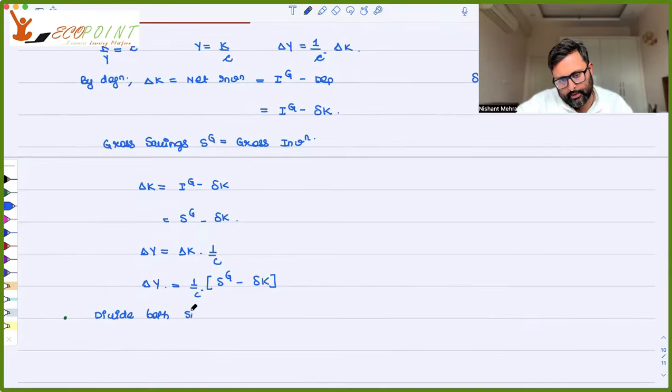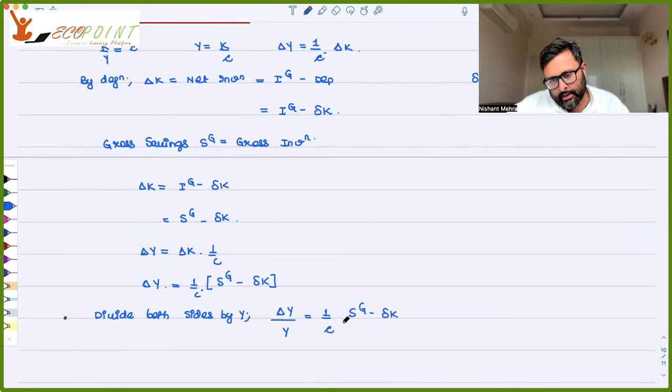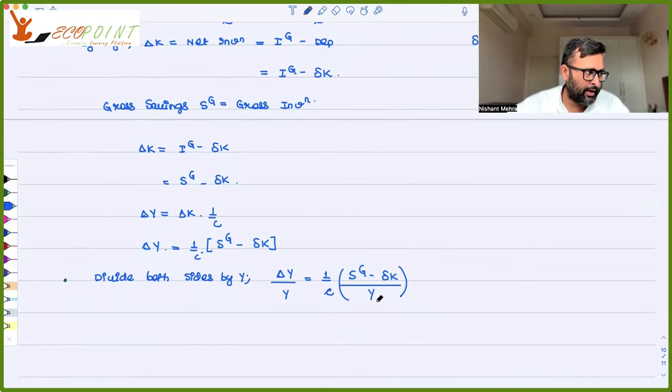So what will you get? Delta Y by Y is equal to 1 upon C into capital SG minus delta K by Y. This is what you will be getting. So capital SG is equal to small sg into Y. That is, gross savings are equal to gross savings rate into output.